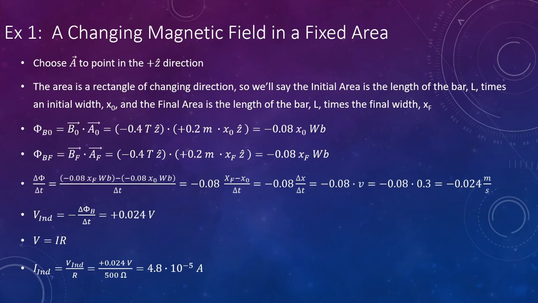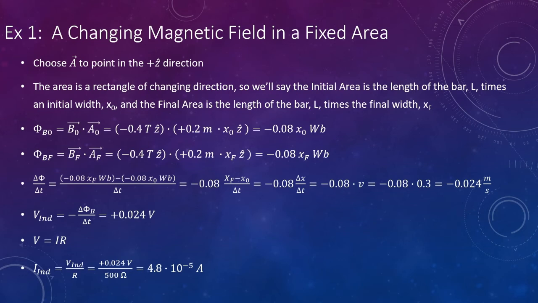So the change in flux over time is going to be final flux minus initial flux over time. And I've put in the values for the magnetic field and the length of the bar. And when we do that, we're left with the length of the bar, the magnetic field out front, and then on top, we have a final position minus initial position over time.